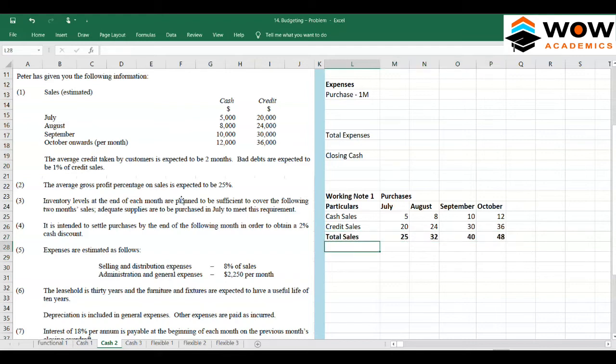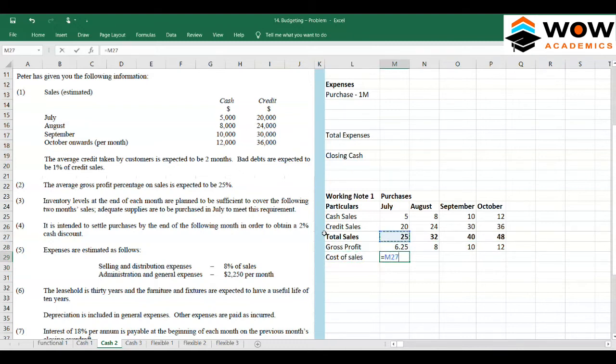So next is to find out what is the value of inventory. So gross profit, if you take, gross profit would be 25% of this. So the balance is cost of sales.